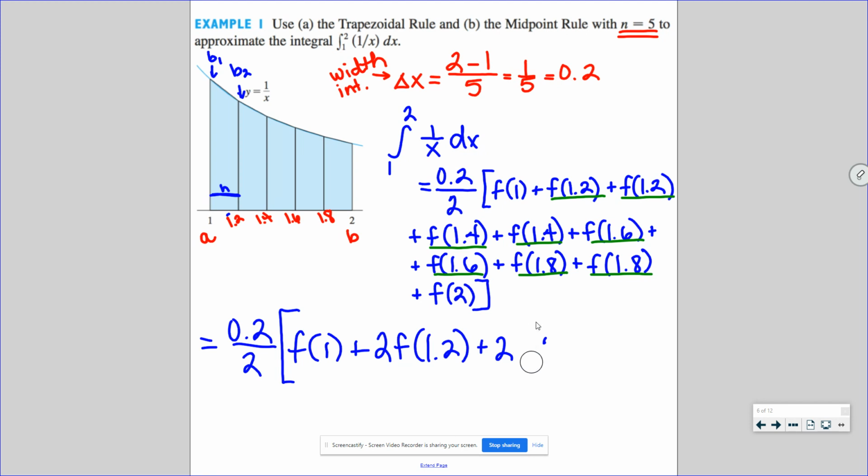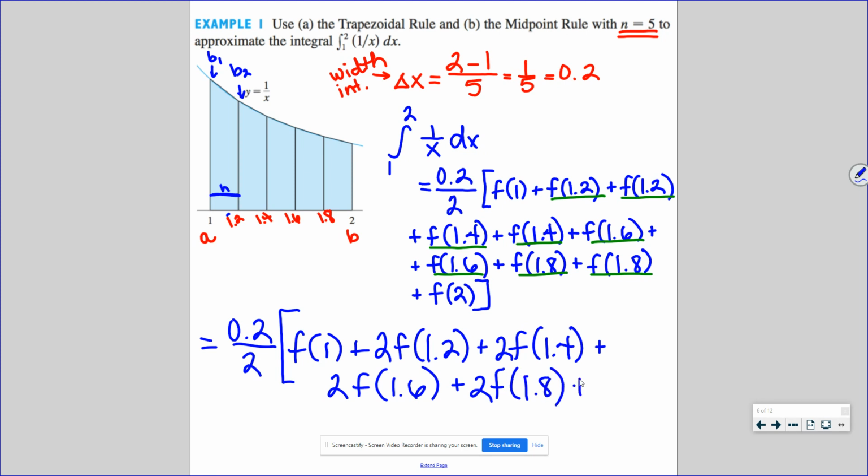I'm going to write it this way on the notes in addition to what I have, just so that you have an example in case this comes up again. Again, this would only be for those inside portions of your trapezoids. The very outside edges, you would only count one time.